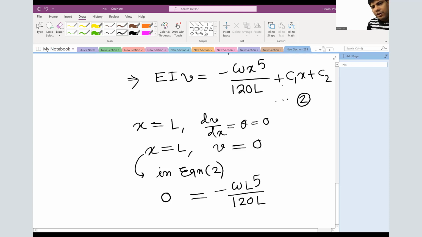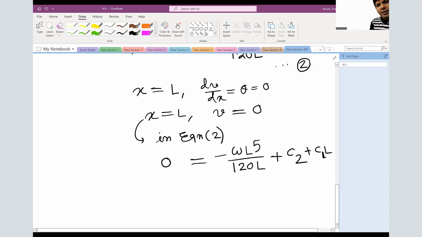So this one will be gone. You're obtaining C2 plus C1 L. So this is your equation 2.